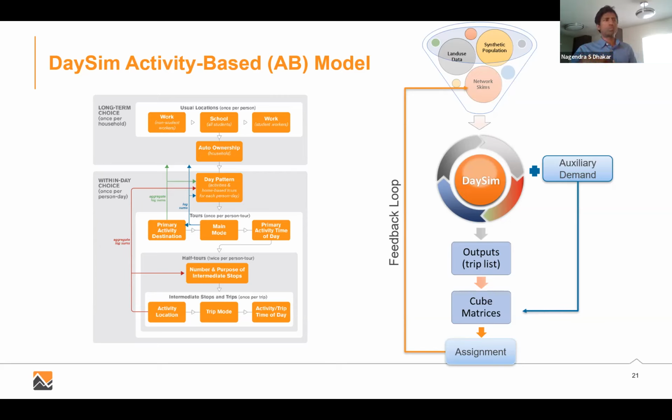This feedback loop goes on until you reach a convergence criterion, depending on the threshold that you have put in, or if you have determined that, okay, no matter what, we're going to do only 3 feedbacks. Once that is done, you are done with your model system, then the post process kicks in, and that's where you generate various sets of summaries for the assignment flows. So that's a typical process.